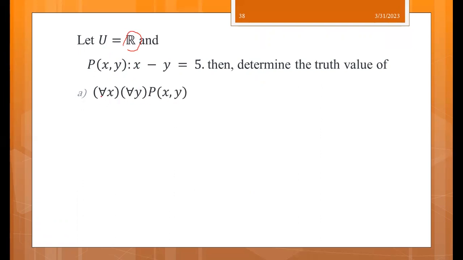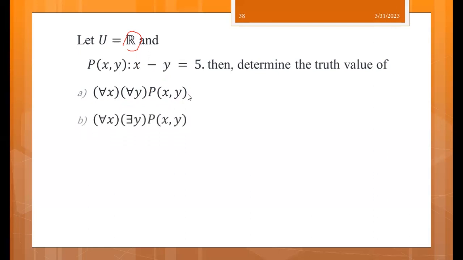This statement will become false only if we can obtain two real numbers x and y that cannot satisfy P of x, y, or that make P of x, y false. Because we have a number of real numbers that make this false, clearly this is false.